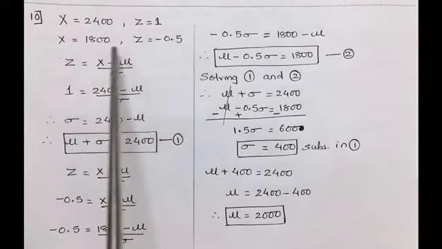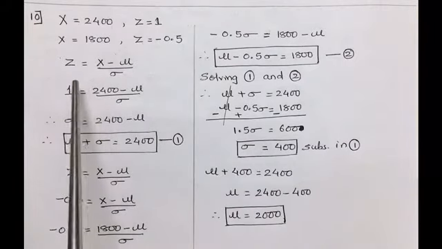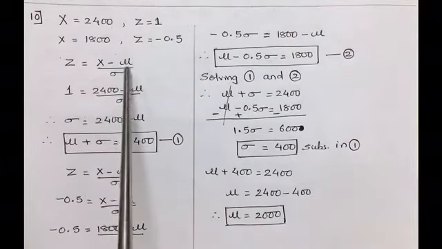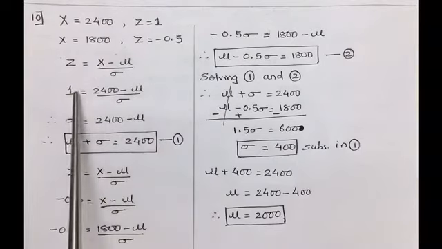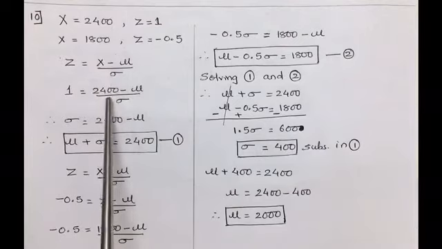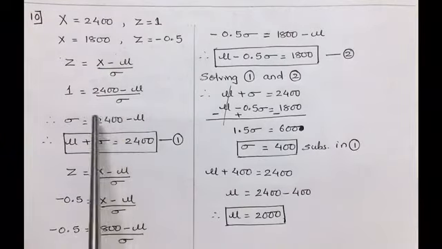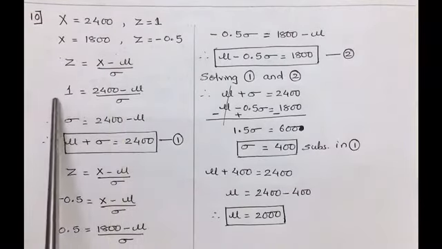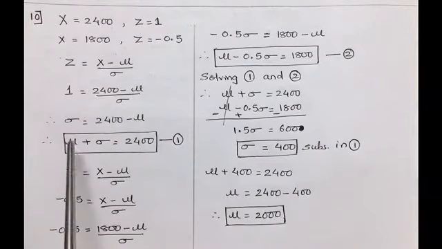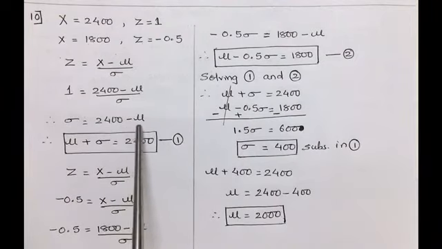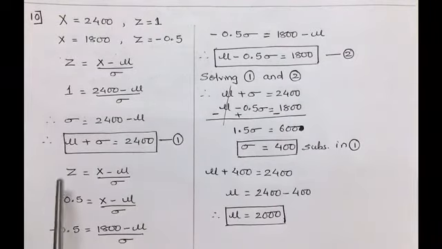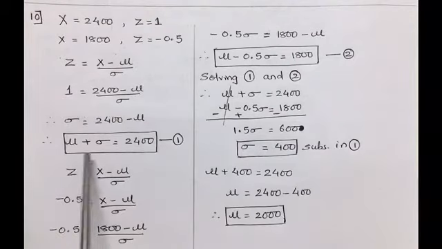So taking these values of X and Z, putting in the formula of Z is equal to X minus mu upon sigma, keeping the value of Z as 1, X as 2400 minus mu upon sigma, taking sigma the other side and multiplying with 1, we'll get sigma equal to 2400 minus mu, shifting minus mu other side, it will be mu plus sigma equal to 2400.